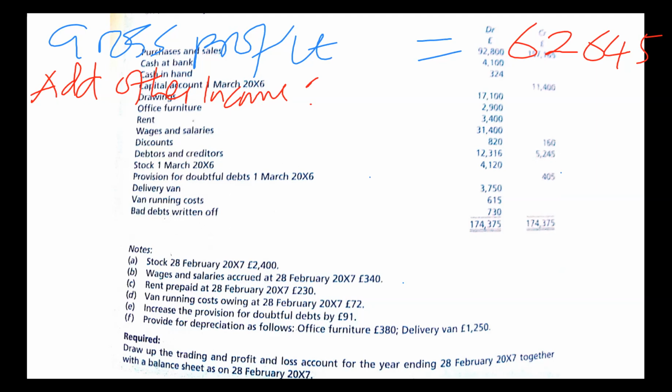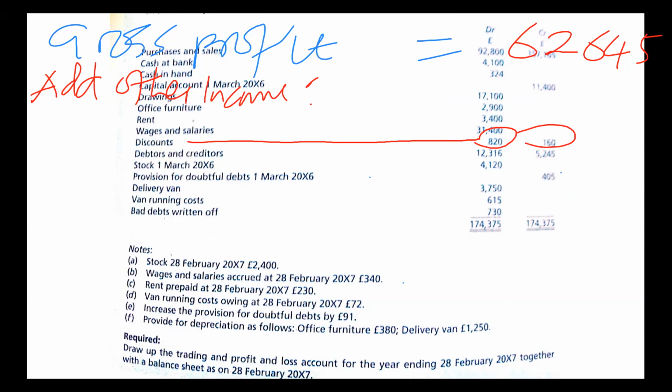There is no commission that was received, but we have the discount. We have these two discounts. Now, the question is to identify which one is received and which one is allowed. The other one is an expense. The other one is an income.